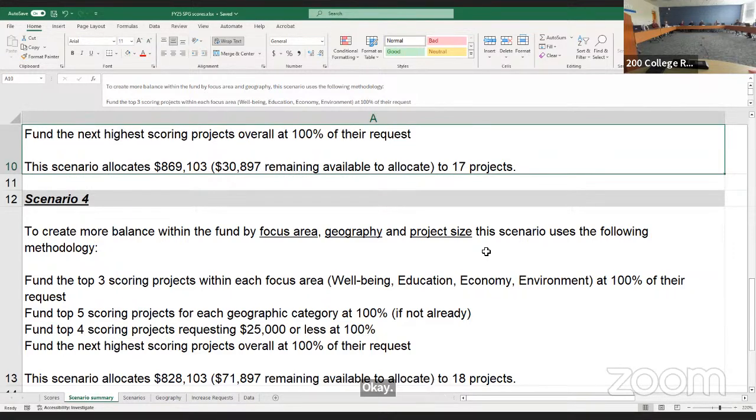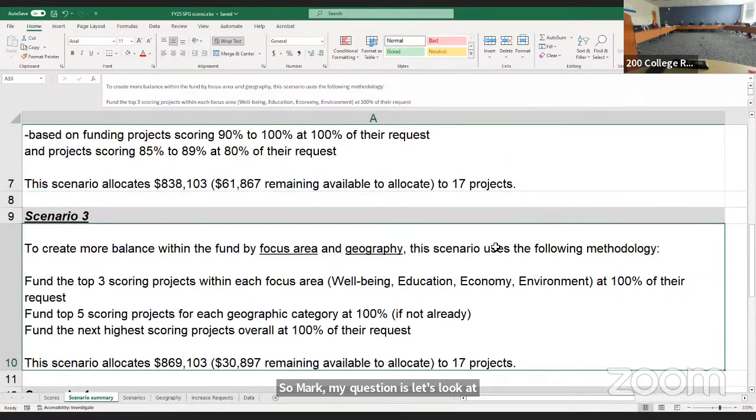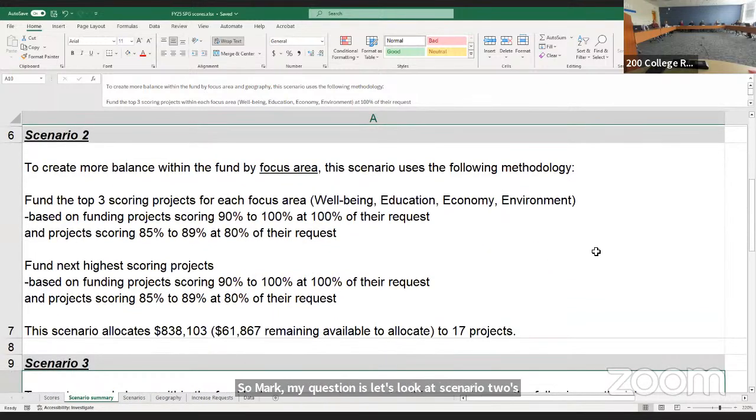So Mark, my question is, let's look at scenario 2's description and see, would that way of adding focus area make sense? It was making sure that the top 3 from each of the 4 focus areas are included, and then based on scoring, plugging their dollar amount in. Higher scoring is a larger percent of their request, next higher scoring, next highest percentage of the request.